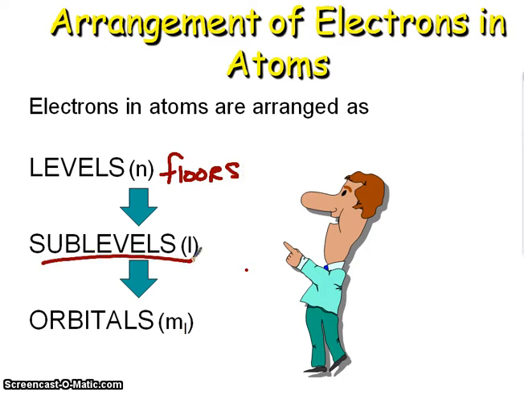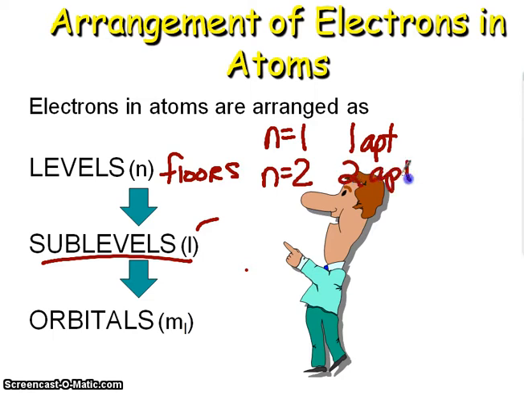And the sublevels are sort of like the number of apartments on that floor. So for example, the first floor, N equals 1, actually has only one apartment on that floor. Whereas N equals 2, the second floor, has 2 apartments.